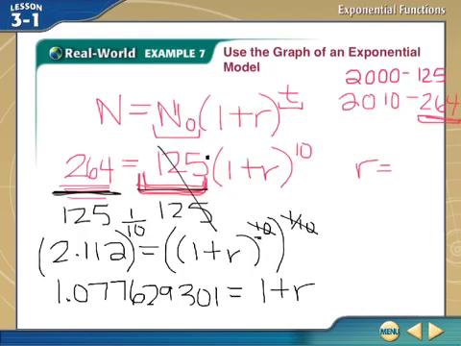If I want to finish getting r by itself, I'm going to subtract 1 from both sides. Since I'm adding 1 to r, to undo that, I subtract 1 from both sides.